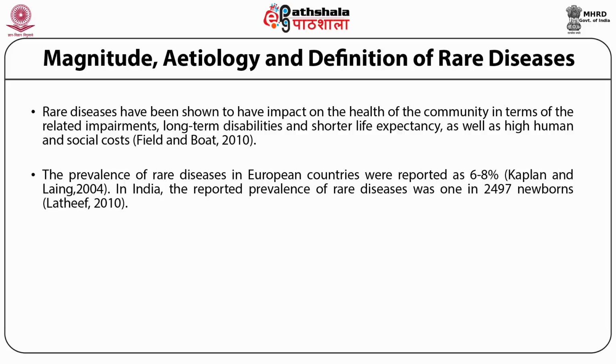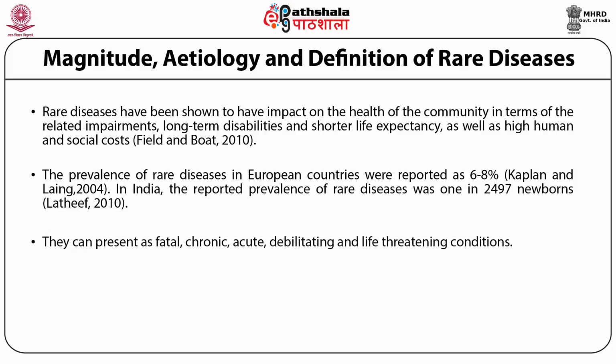Rare diseases can affect all age groups, mostly identified at birth or at early age. They can present as fatal, chronic, acute, debilitating, and life-threatening conditions. The causes of rare diseases range from genetic, infection, toxic agents, epigenetic, nutritional deficiency, and injuries.